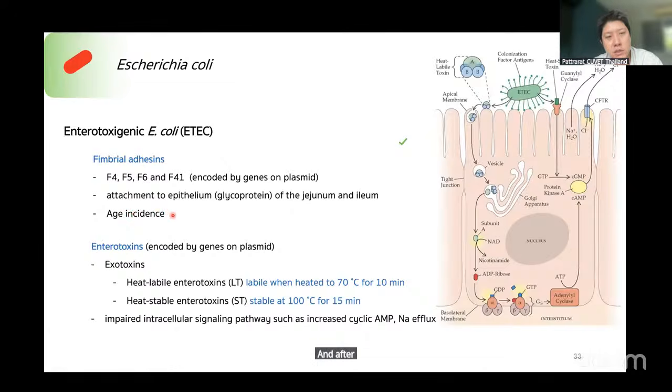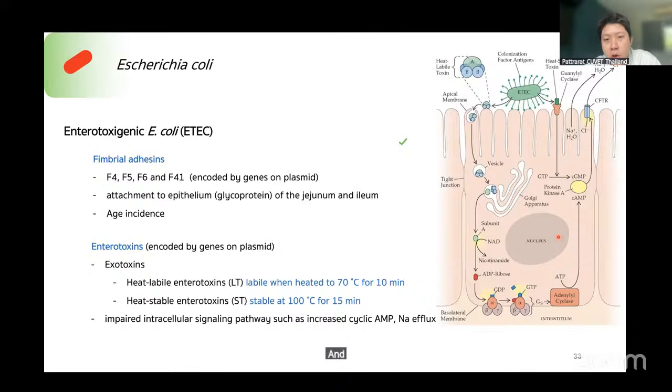And after colonization, ETEC produces enterotoxins. Enterotoxins are exotoxins of E. coli that are secreted from the bacterial cells. These can impair or disturb intracellular signaling pathways inside the intestinal cells.